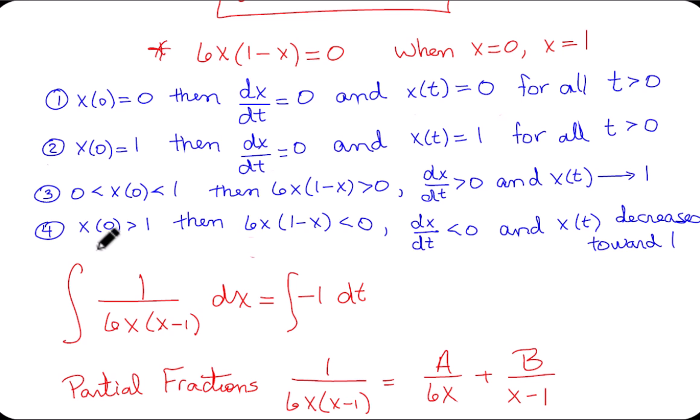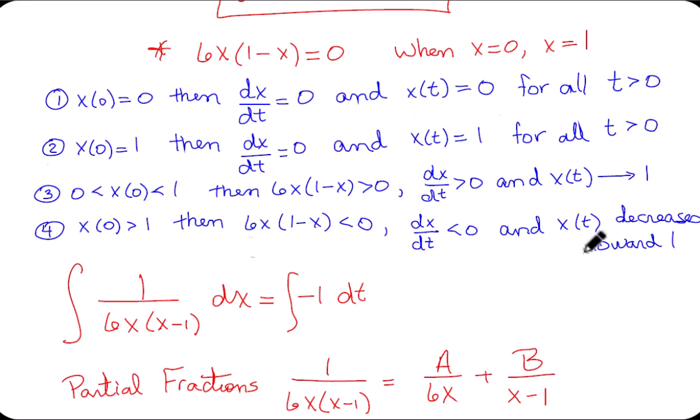What happens if my initial condition started off bigger than 1? Well, in that case, the right-hand side is going to be negative. The derivative is negative, which says that my function is decreasing. Well, decreasing how far? It can't go decreasing forever.